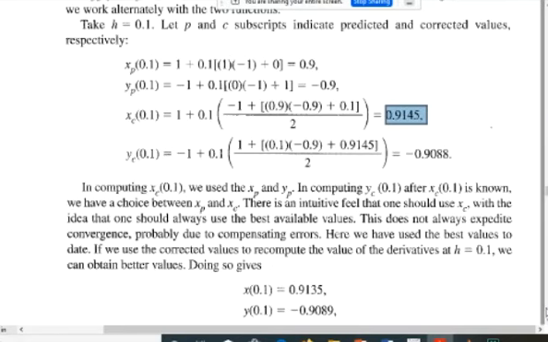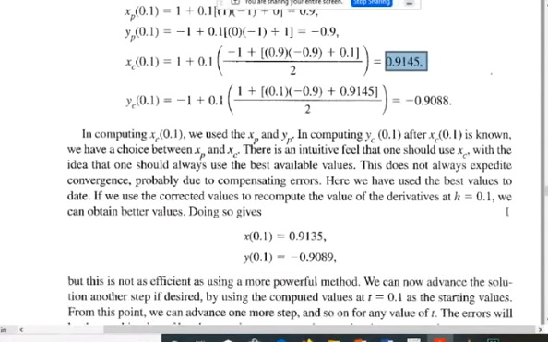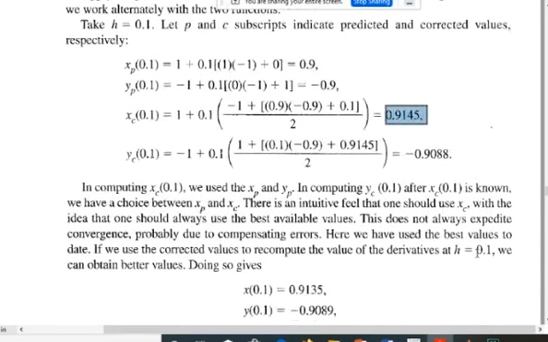Here we have used the best values to date. If we use the corrected value to compute the value of derivatives at h, we can obtain better values, which is x and y, using h as 0.1.